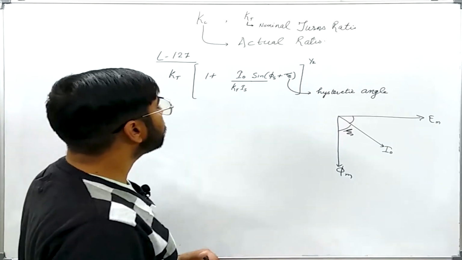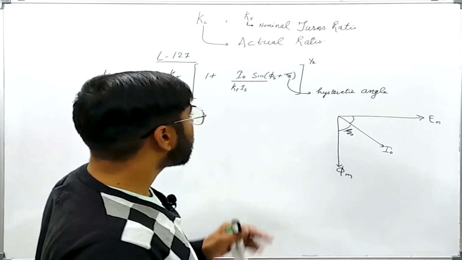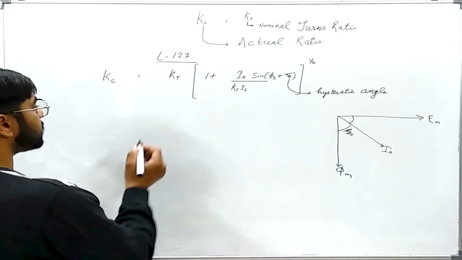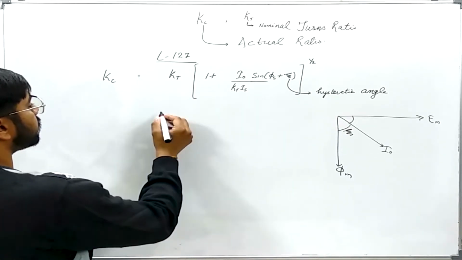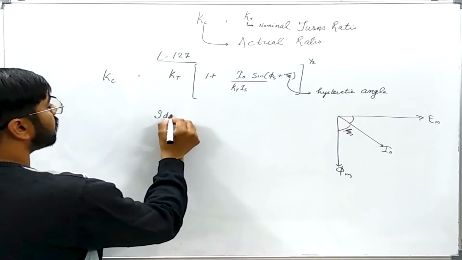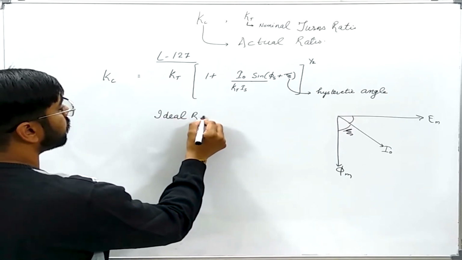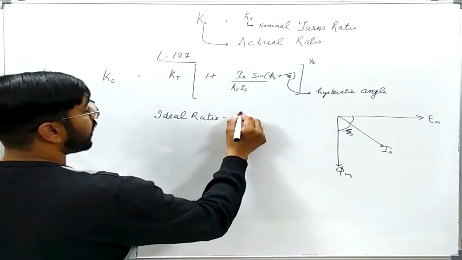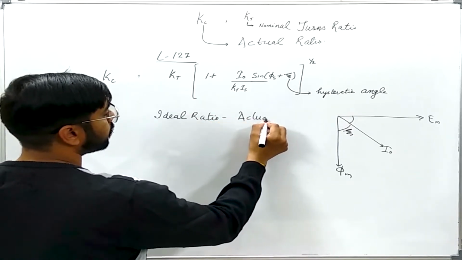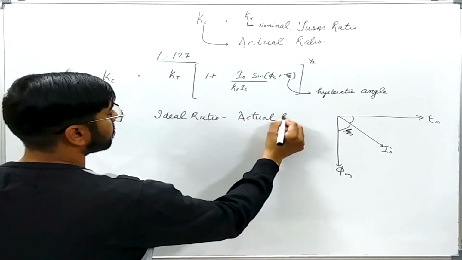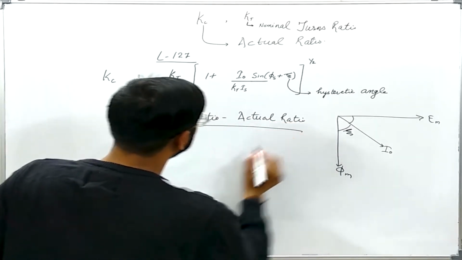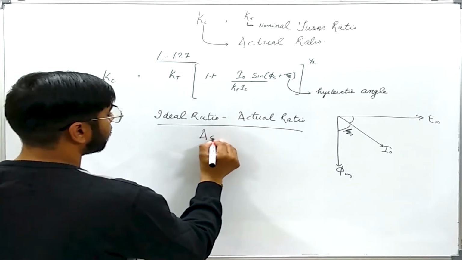Okay. Now, how do we define the ratio error? Ratio error is defined as the ideal ratio minus actual ratio over actual ratio.